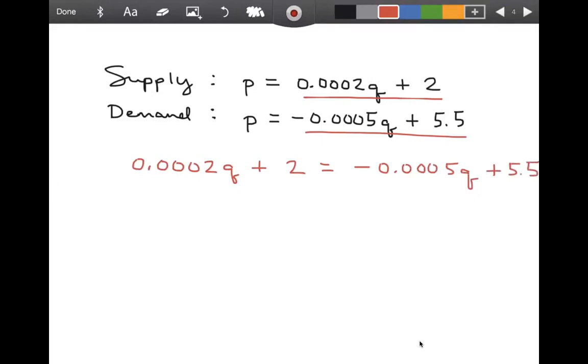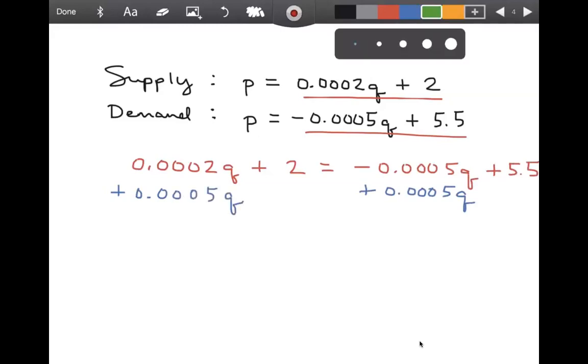So we just need to put the Q terms on one side. I'll put them on the left side. And then put the constant terms on the other side.